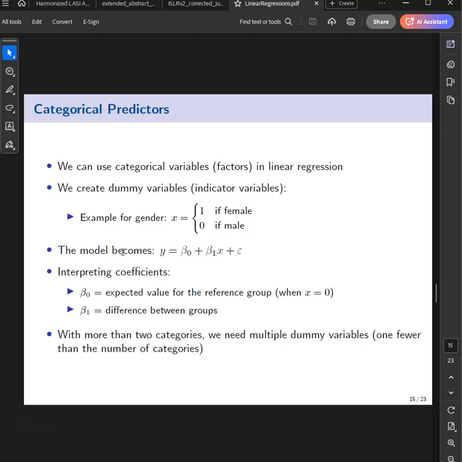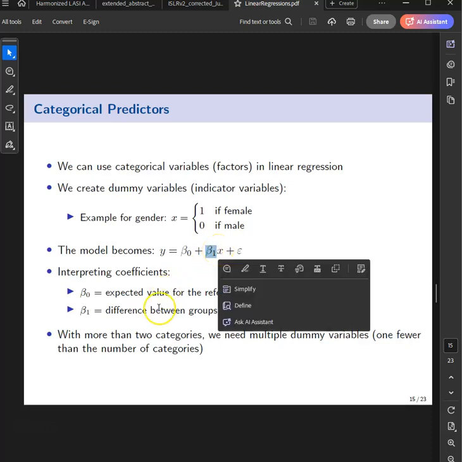For example, for gender, we might create a variable that takes the value 1 if the person is female and 0 if male. Our model then becomes y equals beta naught plus beta 1 x plus epsilon. The model remains the same, but interpreting this coefficient now becomes a little different.